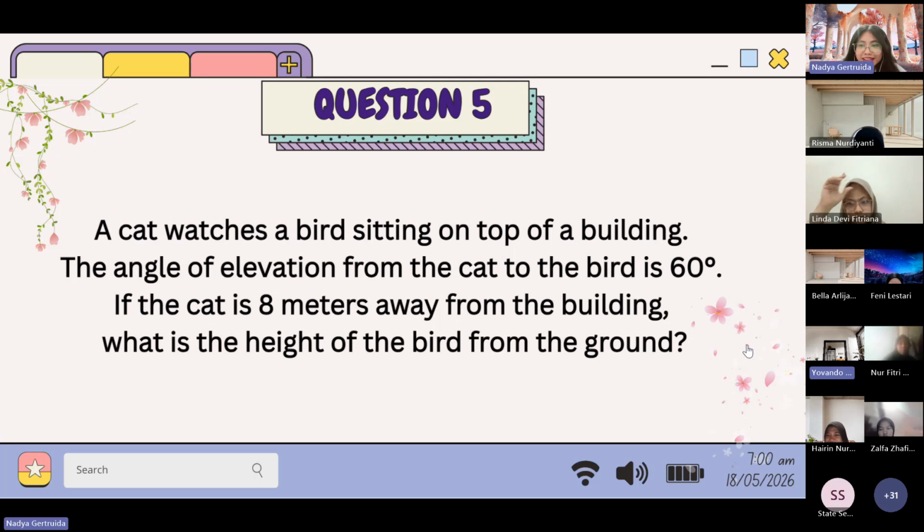In a triangle, we can use the sine rule.